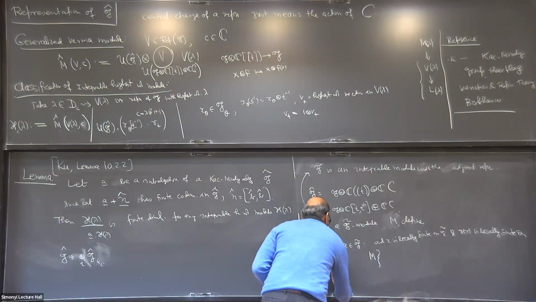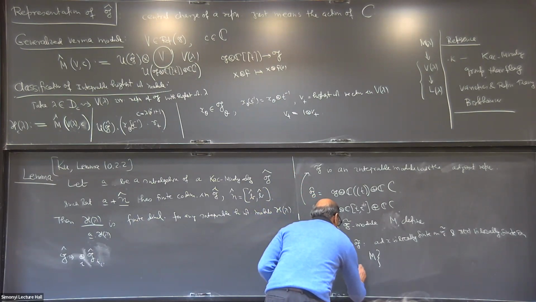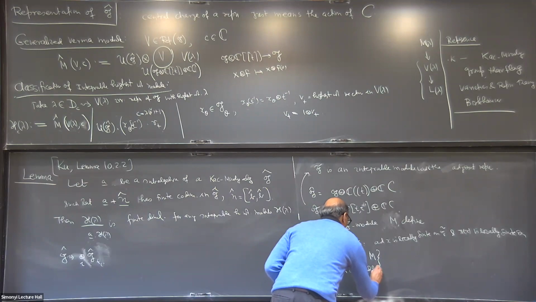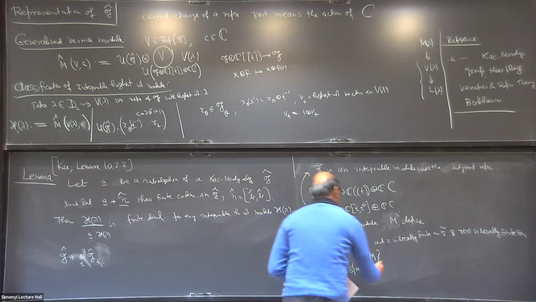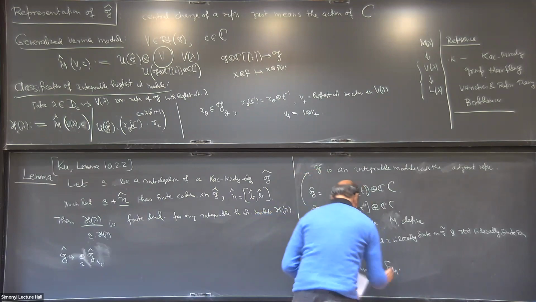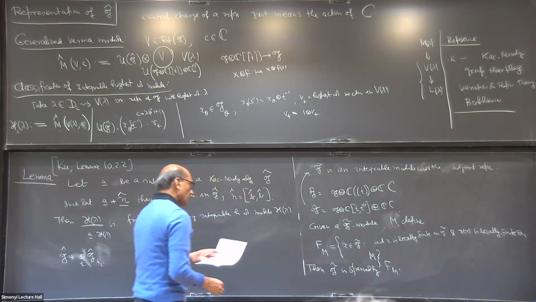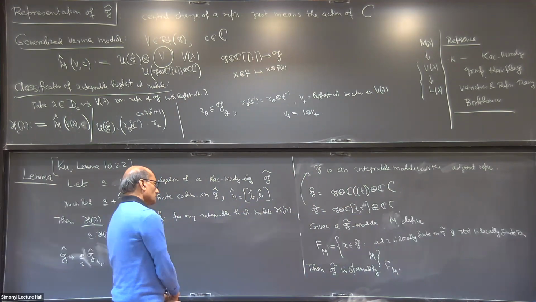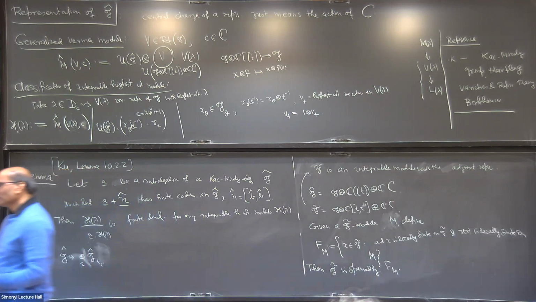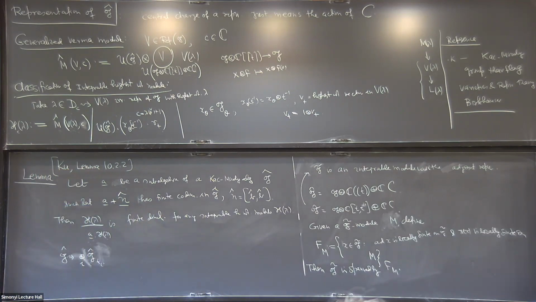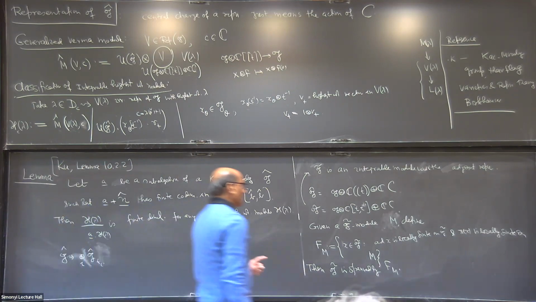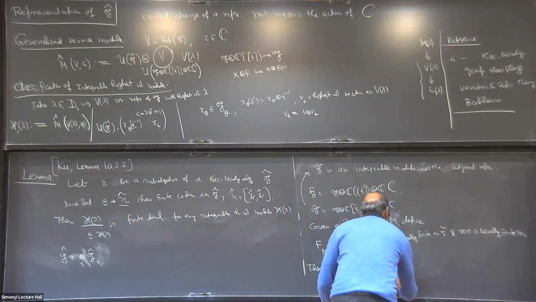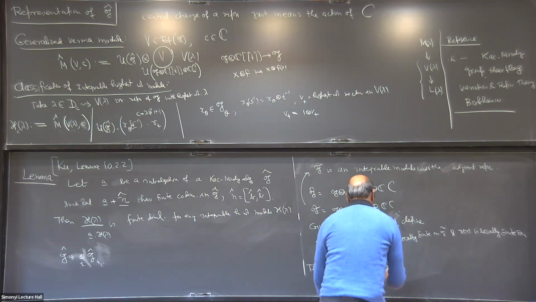Then G twiddle is spanned by F_M. Does that mean as a Lie algebra? No, as a vector space. That's the main point.